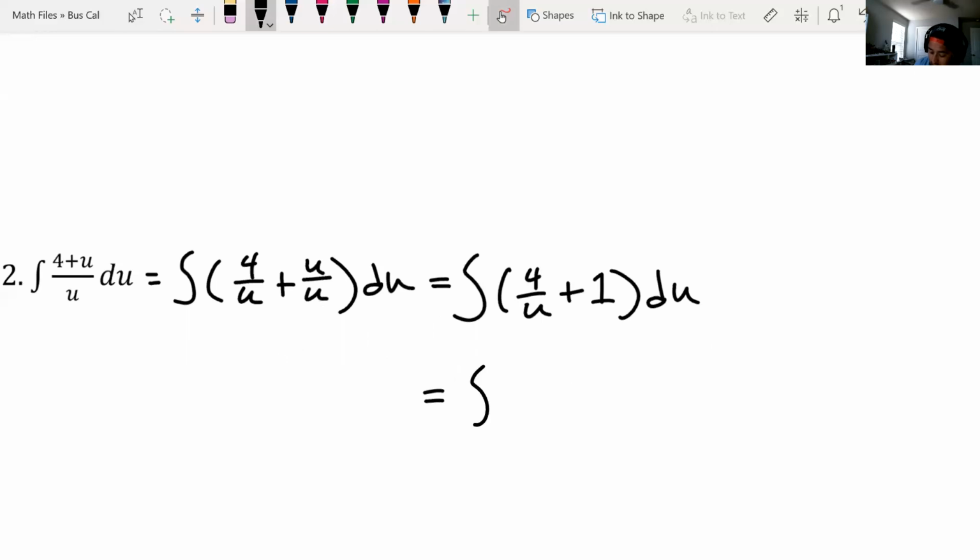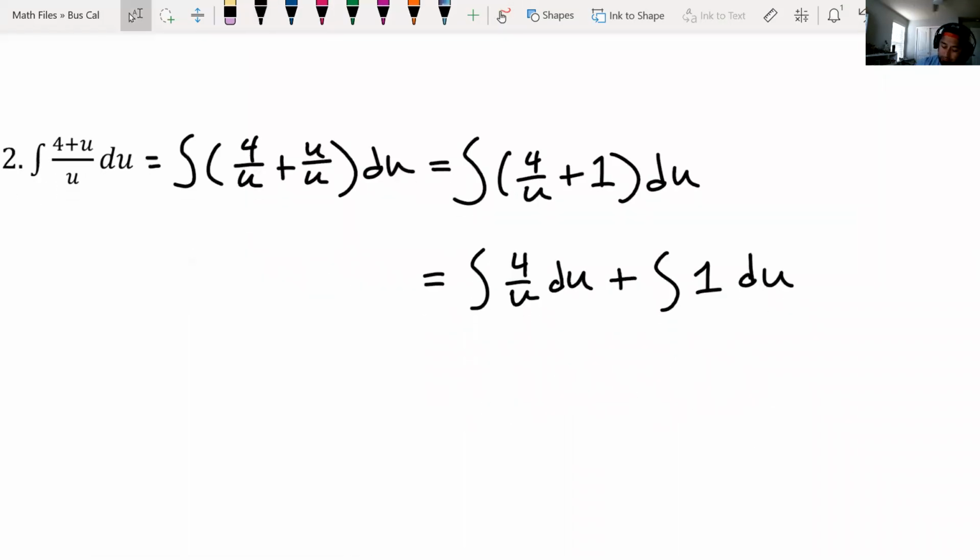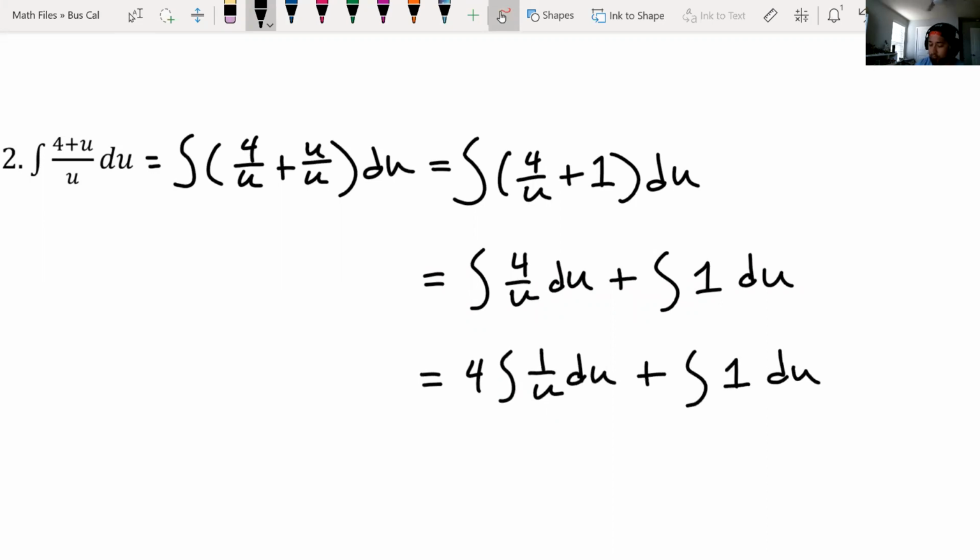I'm going to get the integral of 4 over u du plus the integral of 1 du. One more rewrite. I'm going to take that 4 out, and I get the integral of 1 over u du plus the integral of 1 du.